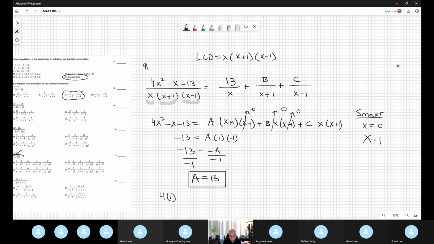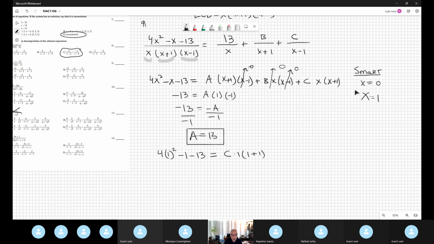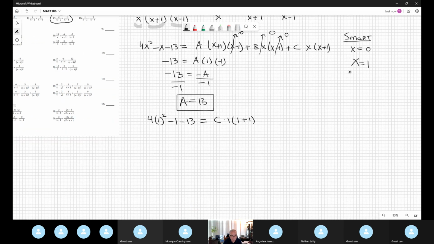Then you have 4 times 1, because 1 you know is invisible, minus 1, minus 13, is equal to C times 1 and 1 plus 1, which is 2. So 1 squared is 1 times 4 is 4, minus 1 minus 13. This is minus 8, no? But wait a second. This is plus. Why plus?